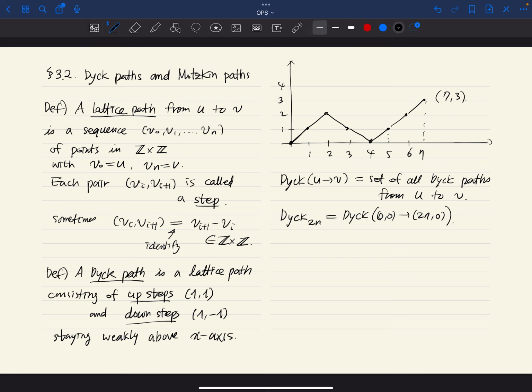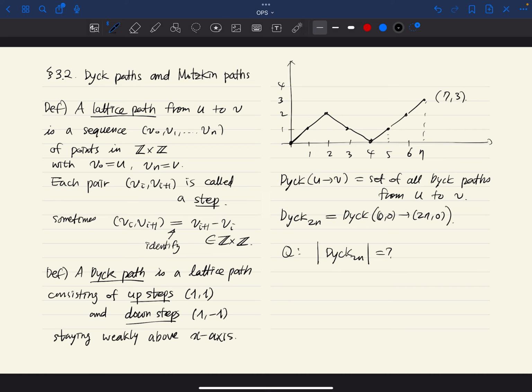All right, so these are Dyck paths. So the question is, can we enumerate this? What is the cardinality of this? Yeah, this is a very well-known number, and there are many ways to compute this, but we will find a formula for this using generating functions because it's a good exercise to use the generating functions that we learned recently.